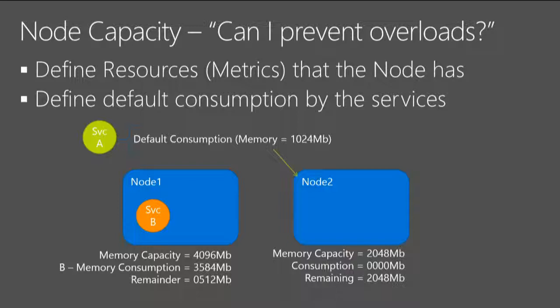You can tell us about them. You can tell us how much you're consuming, and you can tell us how much that machine, that node, actually has to offer. And then when we're placing services or failing things over or moving things around, we make sure that we don't go over that limit. We know how much each little replica is consuming. We let you tell us. That can either be statically defined or dynamically updated during runtime, so it can spike and move with the course of the day.